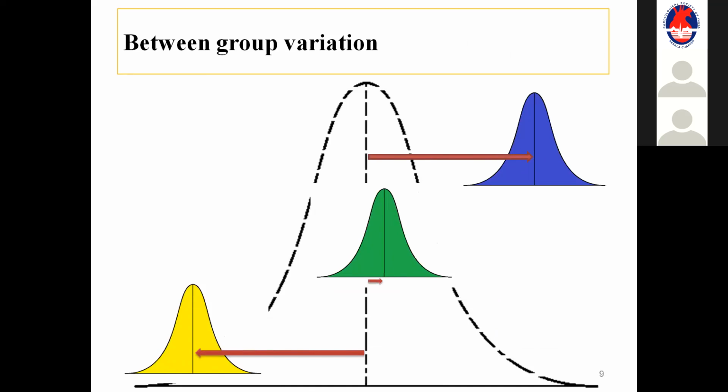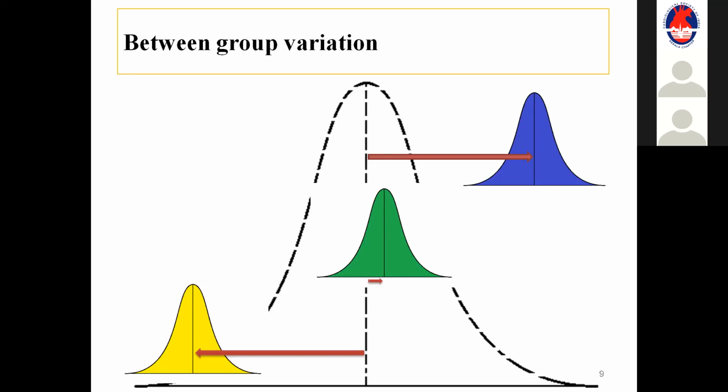If we take the mean of all these samples, we club all these samples and take the mean, it will more or less be equal to the population mean. But if we see group wise means, we can see that for the blue, it is much farther away from the overall mean, towards the right, and the yellow group is much farther away towards the left, and the green group is almost identical but slightly towards the right side.